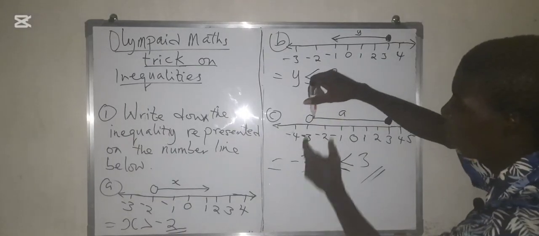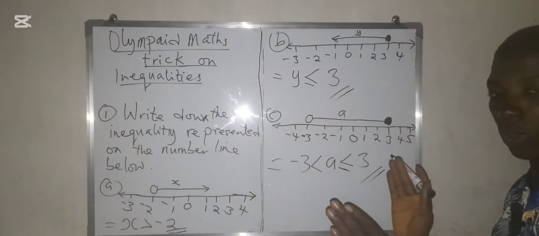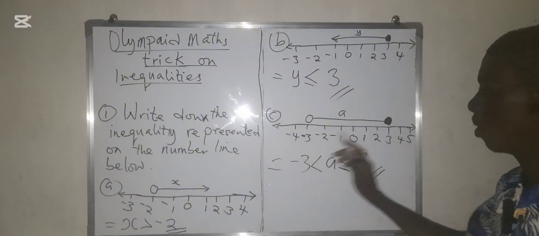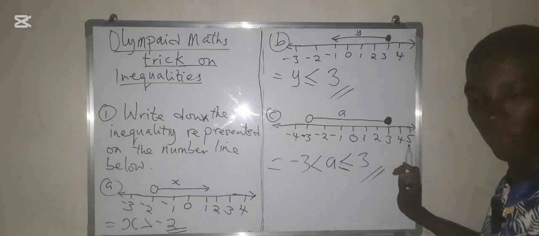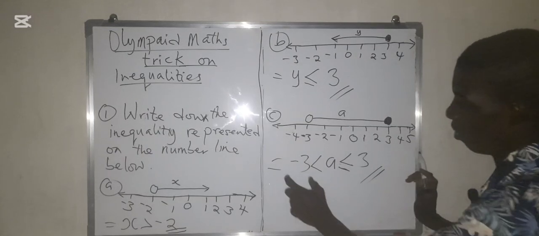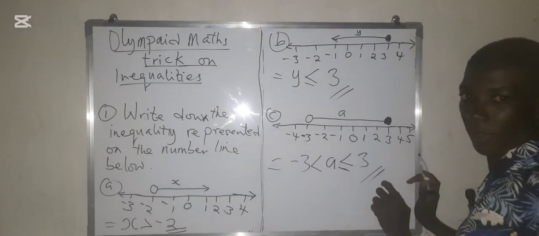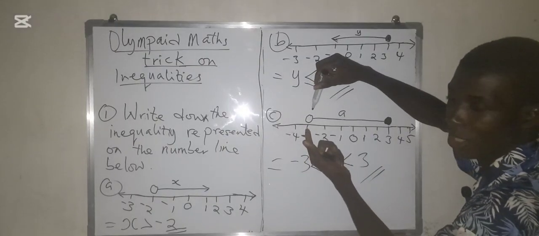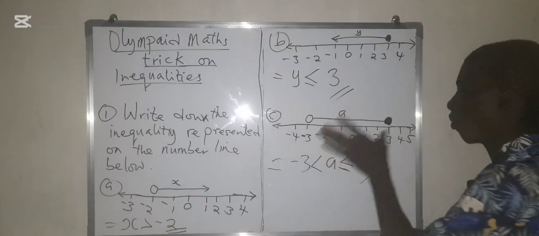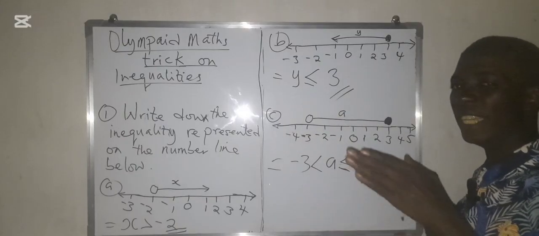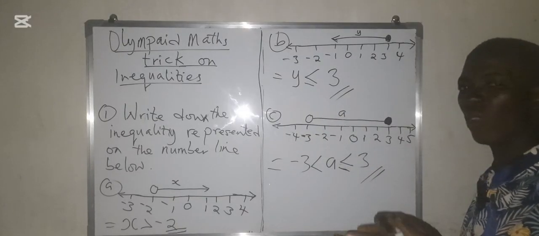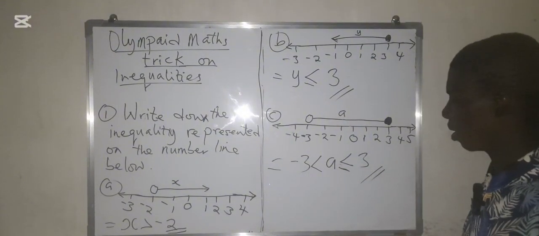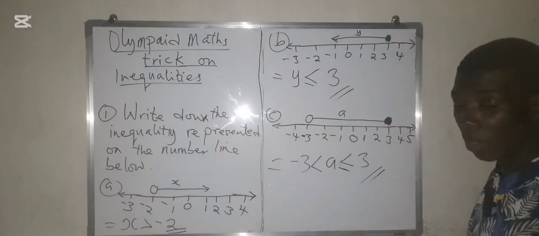First, identify where the two rings fall. The first ring falls on negative 3, while the second one falls on positive 3. Now you write negative 3, positive 3. The first ring is not shaded. I told you, when you see this kind of question, the inequality symbols can only be less than or equals to, not greater than or equals to.